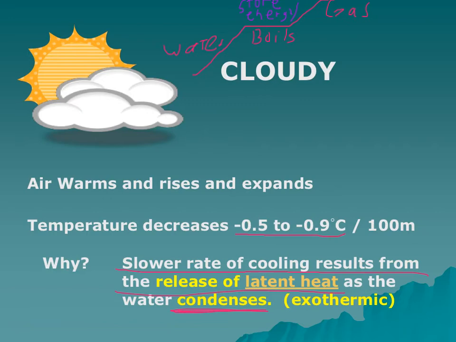So water boils, energy gets stored as it goes to a gas. Going the other way, if we start with our gas and we let our gas cool, it will then condense to form water. Here is where we have condensation, which is the opposite of boiling, or evaporation.